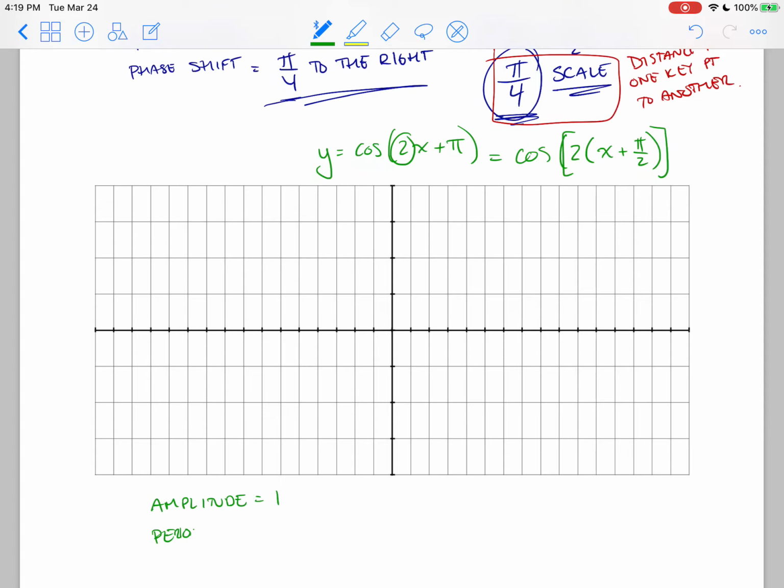My period is 2 pi over b, which is 2 pi over 2, and so pi, again, is my period. And then my phase shift is pi over 2 to the left.